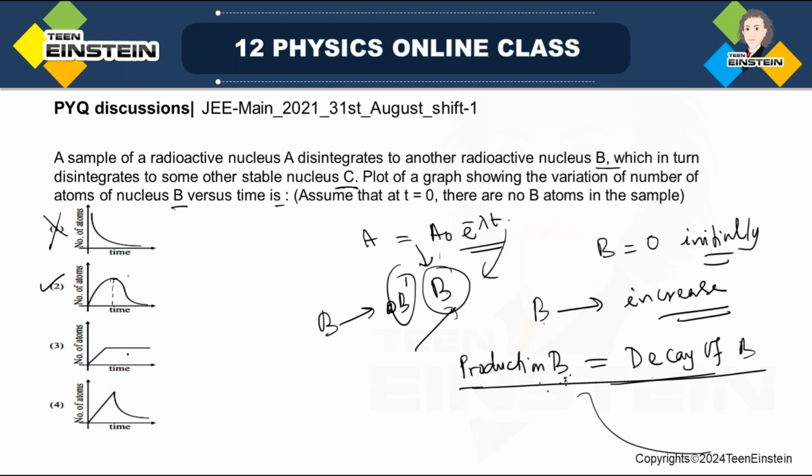Whereas this one, look, will increase for some time, then it will be constant. No, that is not true, because B is again decaying in terms of some lambda 1 T, and this process will not be so sharp.